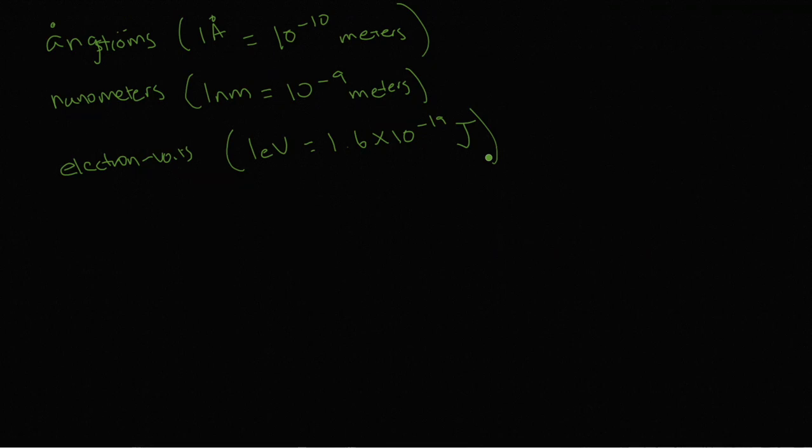As you can see here, we're taking a derived unit and relating it to another unit, electron volts. These are two basic units. And electron volts represent the amount of energy gained by an electron accelerating through a potential difference of 1 volt.